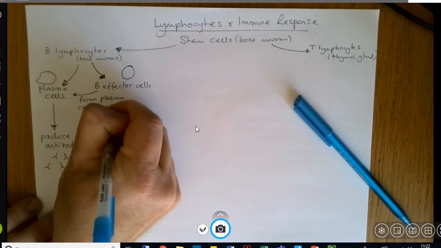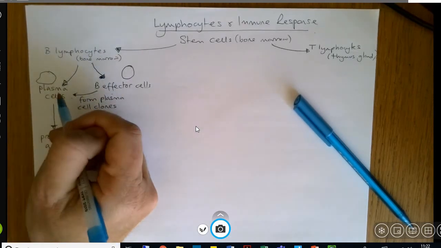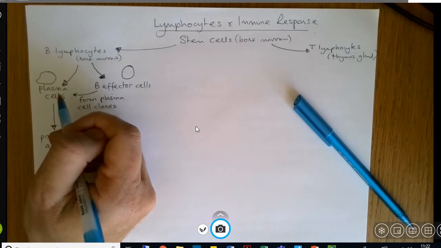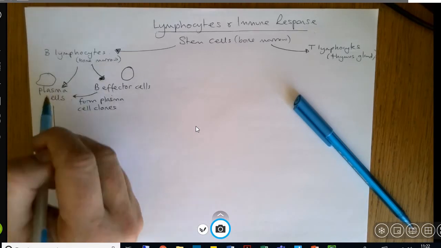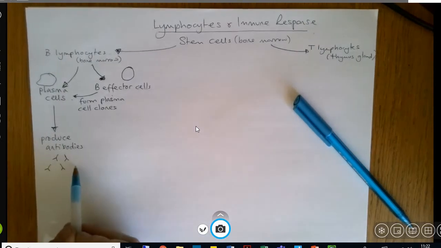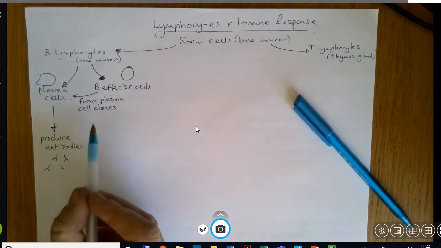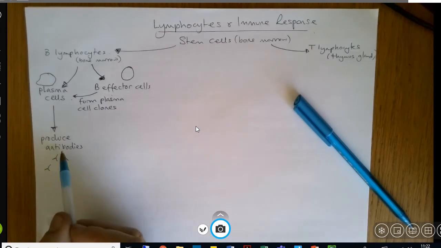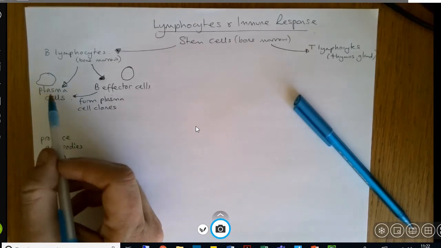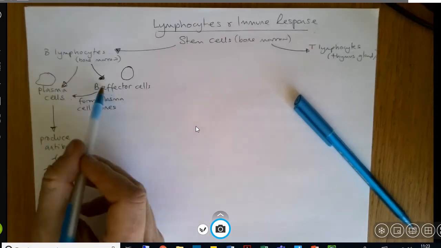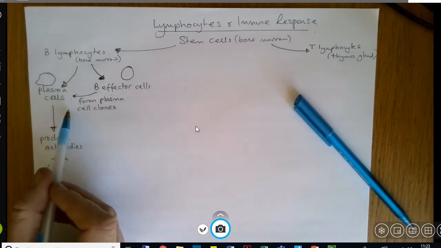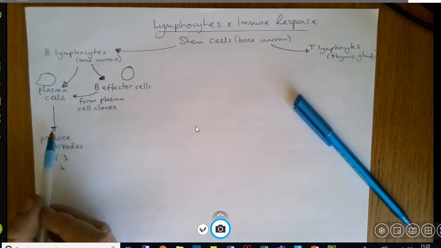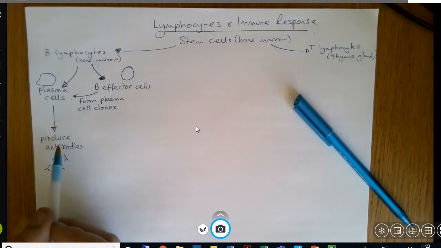The reason for that is that these plasma cells are brilliant. They work incredibly hard to produce antibodies to a particular antigen, and then release those antibodies into circulation. But this plasma cell only lives for a few days. It produces about 200 antibodies per second while it's alive, but it only lives for a few days, so it needs replacing. So the B effector cells constantly are forming plasma cell clones to be able to continuously produce those antibodies into the circulation.